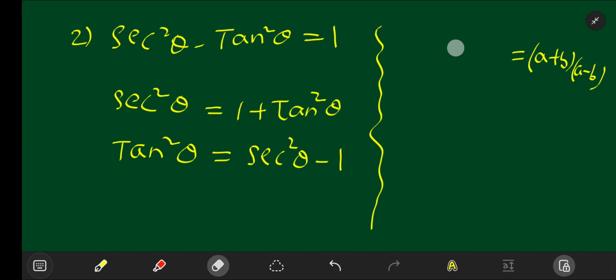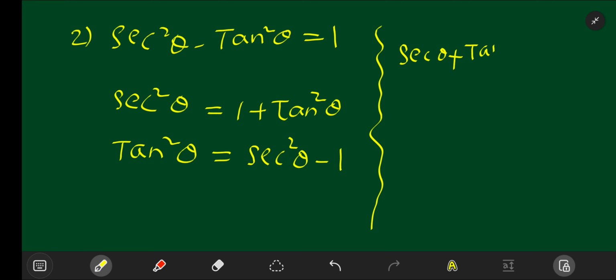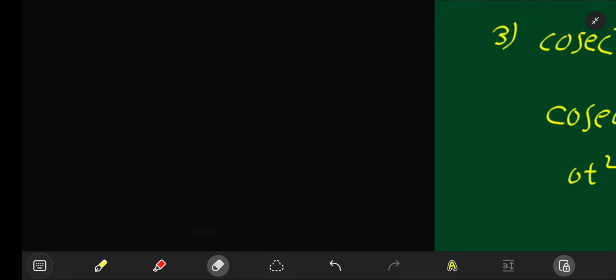Convert this equation into this form. Sec square theta minus tan square theta is equal to 1. Sec theta, then sec theta plus tan theta into... I think the space here is not enough. I will take a new slide. Sorry, I will take a new slide.